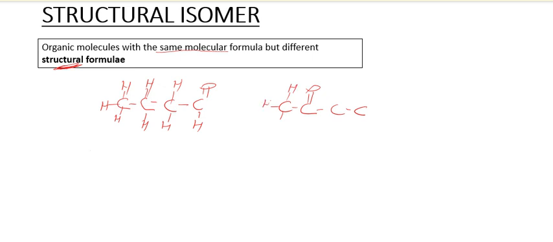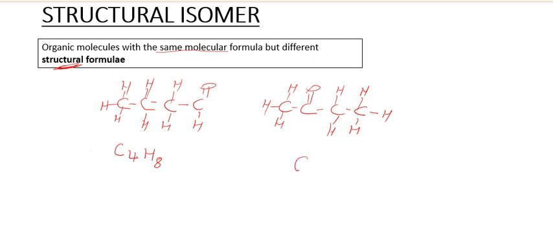Now let's check the molecular formula of this one. So there are 4 carbon atoms, then the hydrogens are 1 2 3 4 5 6 7 8. So 8 hydrogen atoms.